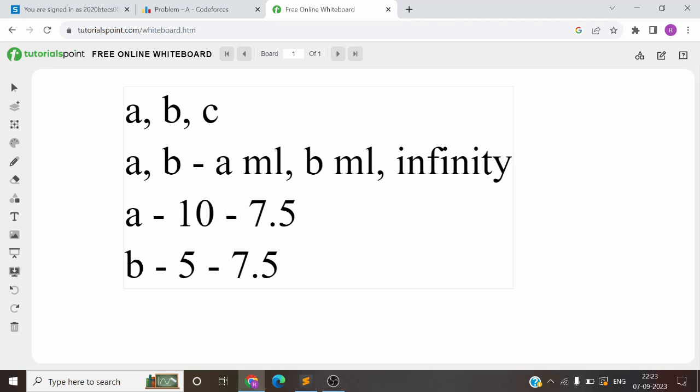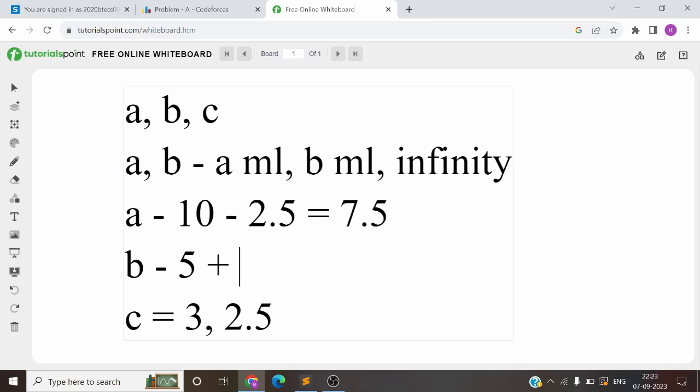To reduce the amount of water by 2.5, what you can do is first pour the water into the vessel whose capacity is C. Suppose the capacity C is 3. Then you can simply pour 2.5 of water from this one, so it becomes 7.5, and add 2.5 to this one, so it also becomes 7.5.